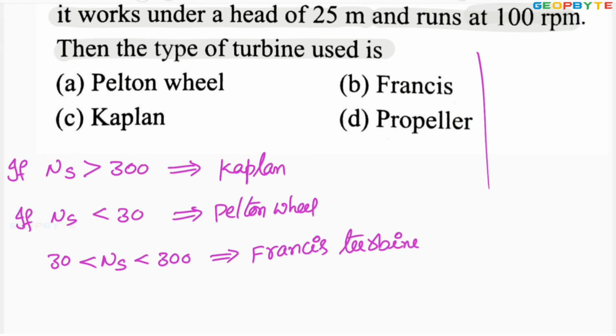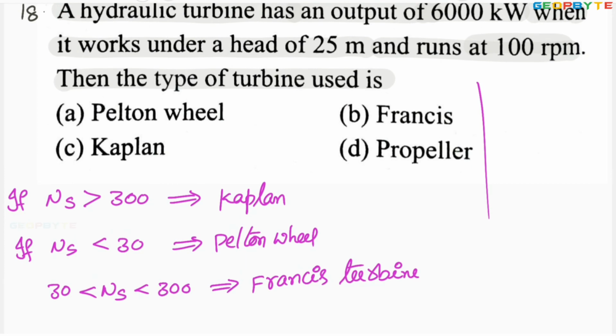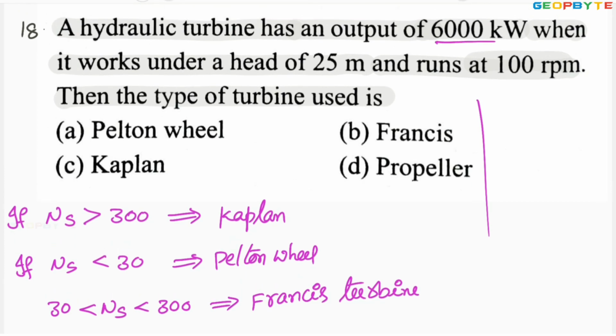Now let us find the specific speed. Power P equals 6000 kilowatts, head H equals 25 meters, speed N equals 100 rpm.